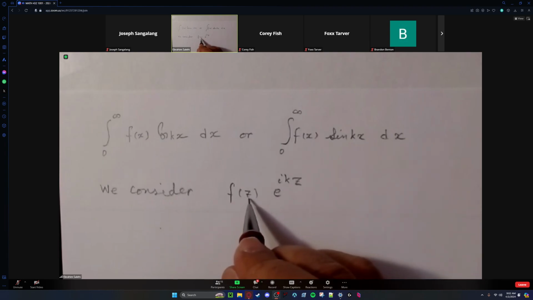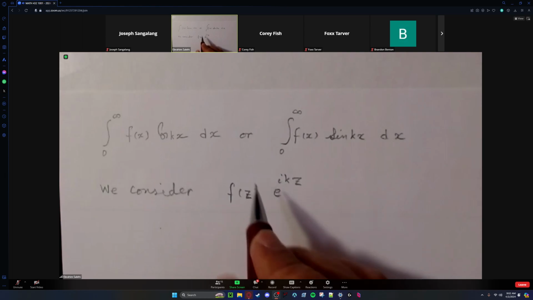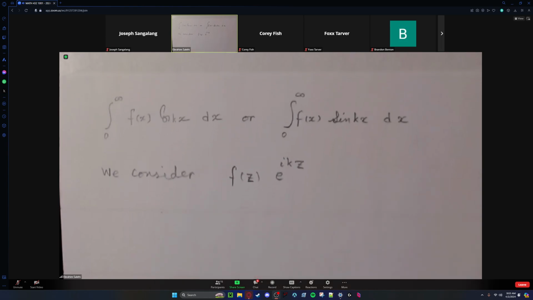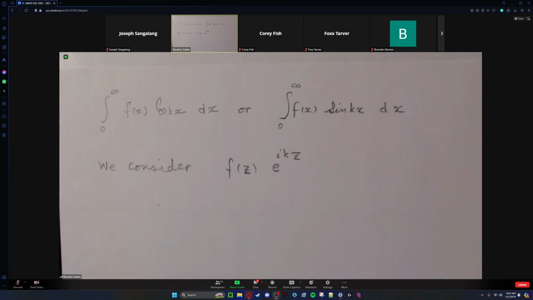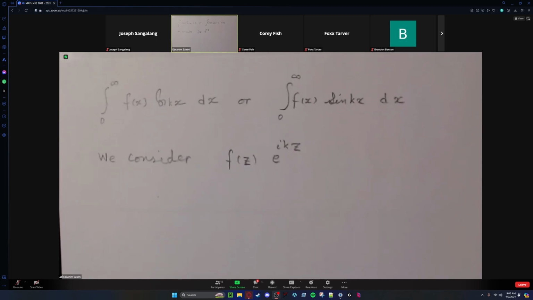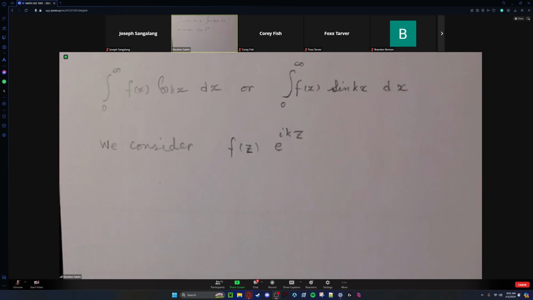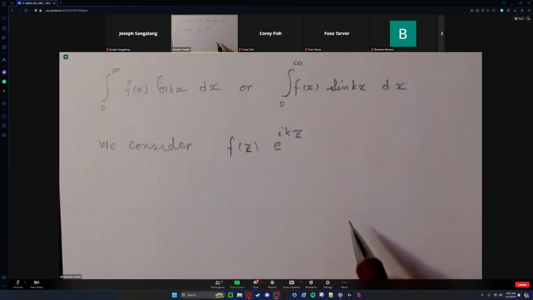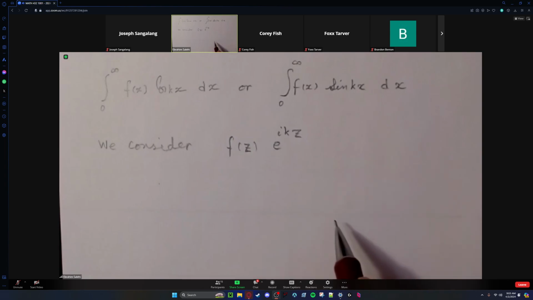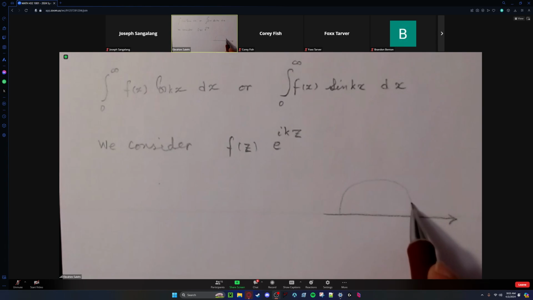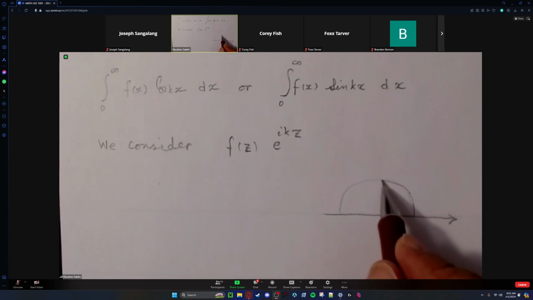And we integrate this over the same semi-contour, semicircle closed curve that you already know. All right. So we consider this one and integrate over this guy.